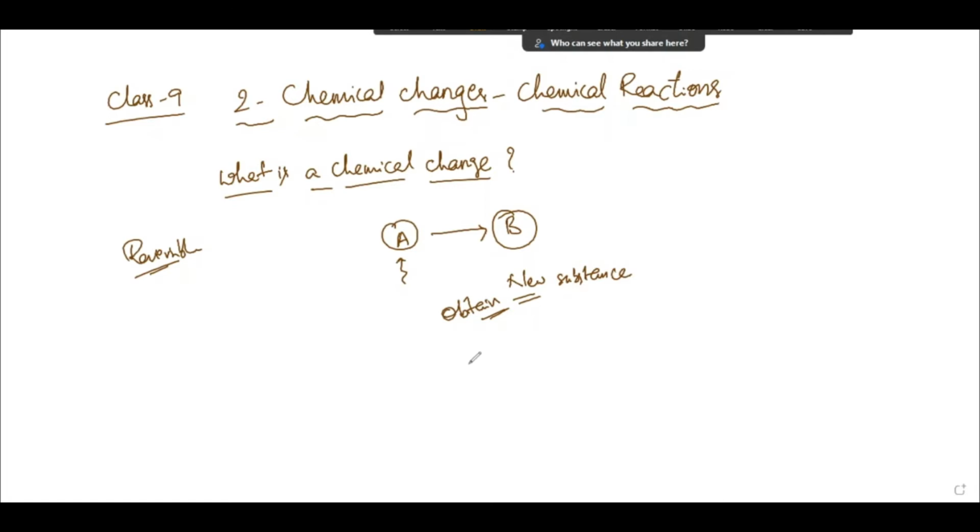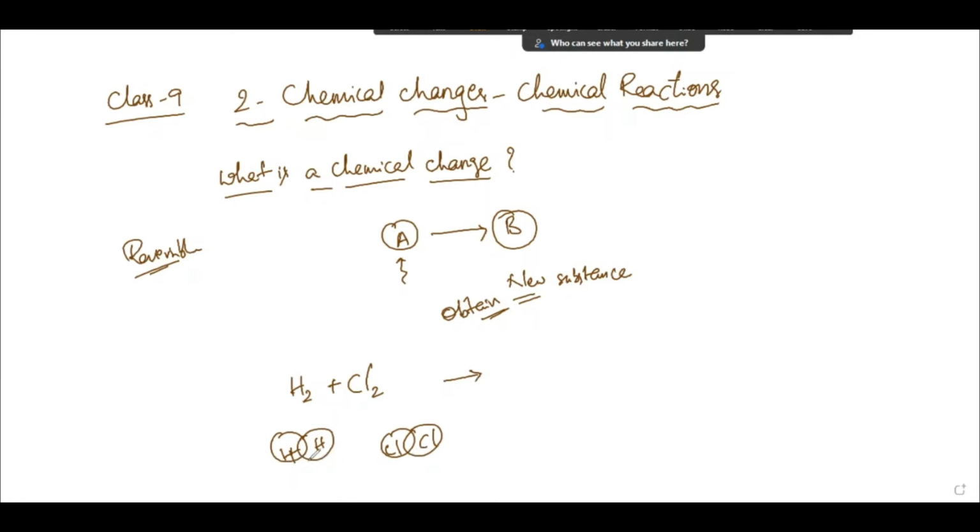So how do we get new substances during a chemical change? For example, if you take hydrogen plus chlorine, in this you have a hydrogen molecule with two hydrogens, and this is a chlorine molecule with two chlorine atoms. So here what happens, there will be rearrangement of atoms.